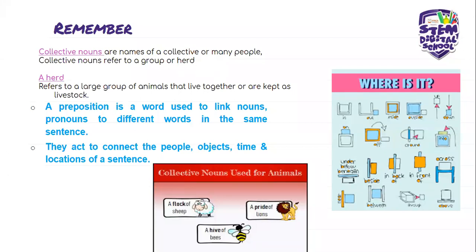There is a flock of sheep, a pride of lions, and a hive of bees. Okay, of prepositions there, we've got what? In and out. We've got inside and outside. We've got under, below, and beneath.